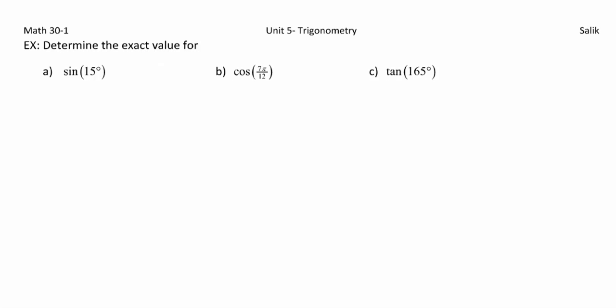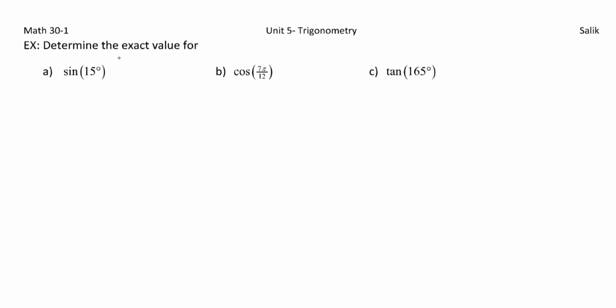Now, typically, if this was sine 45 degrees or something, then I would know the exact value of that. That would be root 2 over 2, right? That's the kind of answer we're looking for, like root 2 over 2 or something like that. But the reason why we were able to do this one was because it was on the unit circle, right? 15 degrees is not on the unit circle.